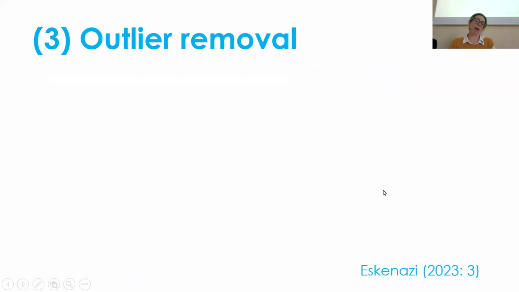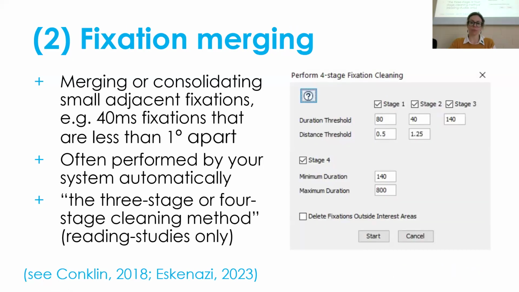And then the last option, you may or may not tick that. We use interest periods and interest areas, so we don't. This depends, right? Because if you want to look at, for example, how much people are distracted, then you might want to include fixations that aren't on your interest areas.